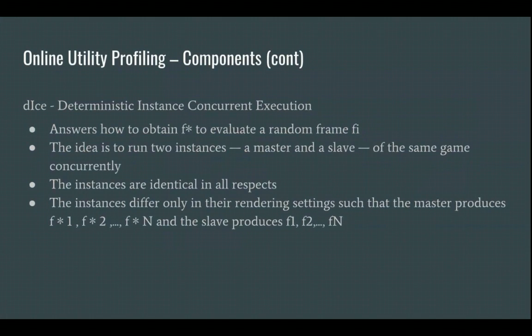The idea is to run two instances, namely a master and a slave, of the same game concurrently. The instances will only differ in the rendering settings. That is, the initial state, user input, everything will be the same except for the rendering settings. The master will generate F star frames and the slave will produce F frames. Using this, SSIM scores can be easily calculated.